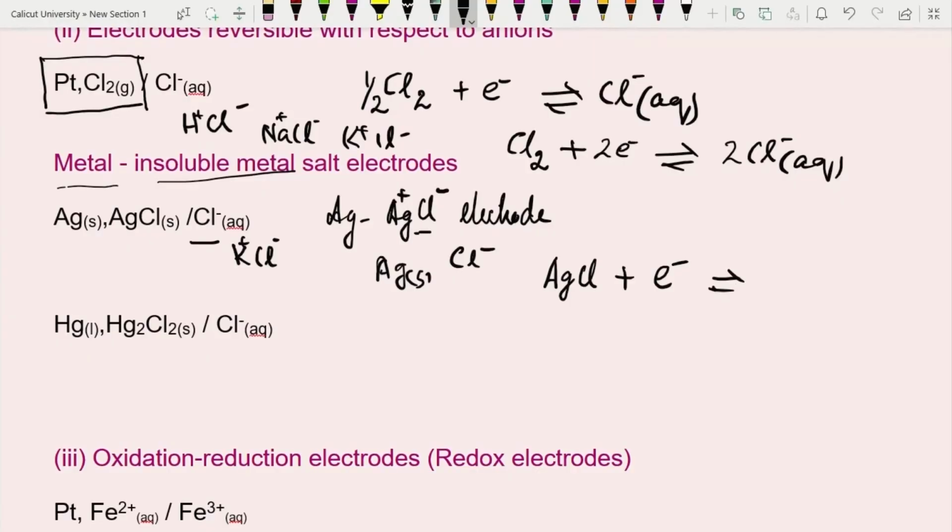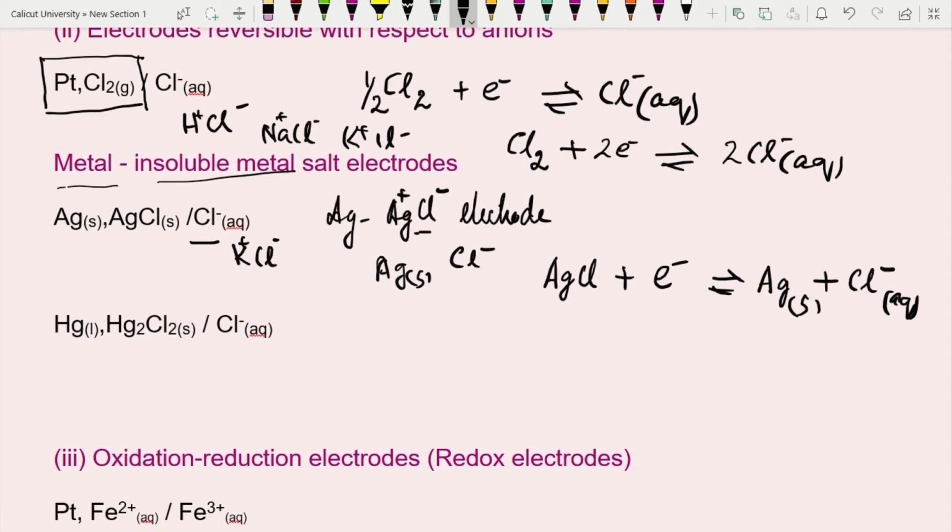That reduces Ag plus to silver metal, no matter, because silver is already there in the electrode mentioned. And the chloride ion is left out. So, that will give Ag plus Cl minus, which will be in the aqueous form. That also is there in the electrode, because we have an aqueous solution of chloride ions.